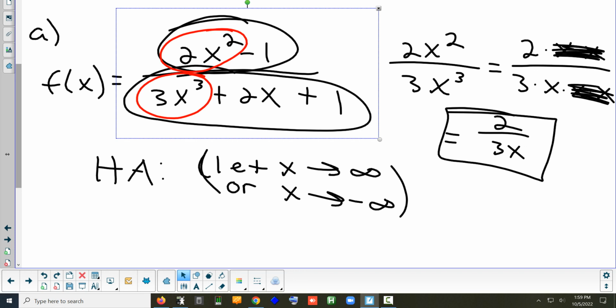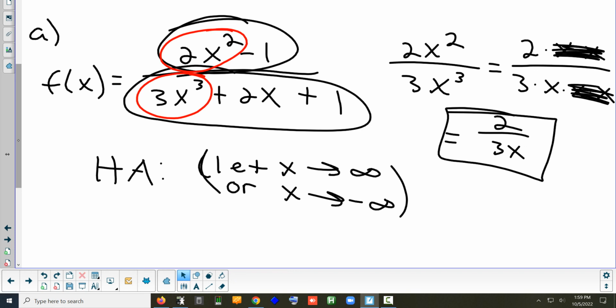And tell me what happens to this fraction. As x approaches infinity, what happens to the part that I just circled? As x gets bigger and bigger, what happens to the denominator of that fraction?